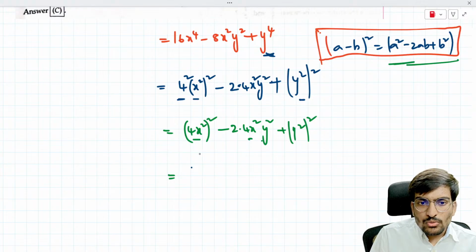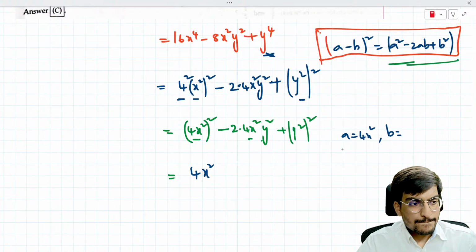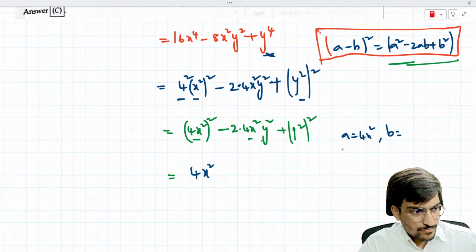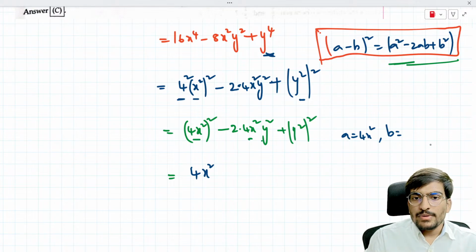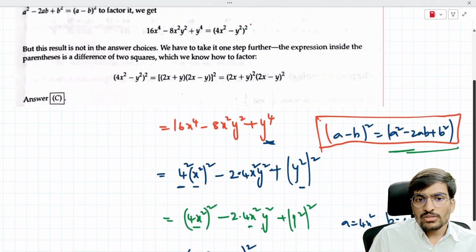This is the (a minus b) whole square formula. a equals 4x square, b equals y square. So now 4x square minus y square whole square is what we got.